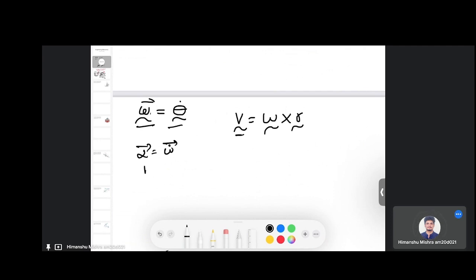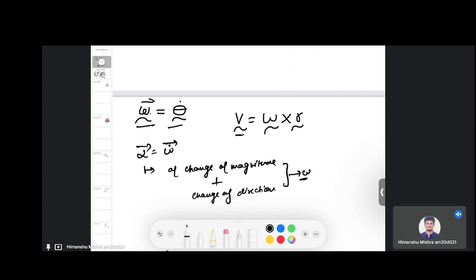And here, this is my angular acceleration alpha, which actually takes into account the change of magnitude plus the change of direction of omega.